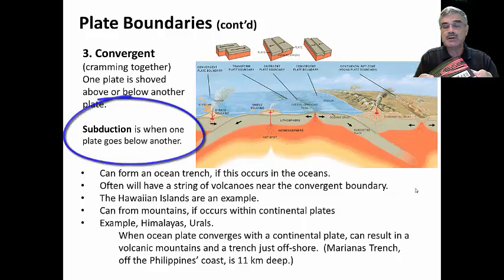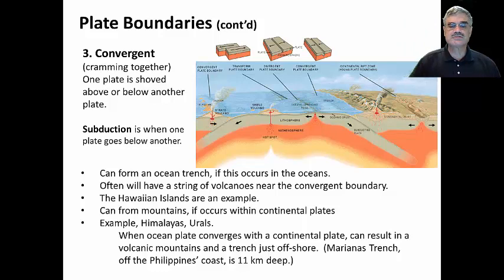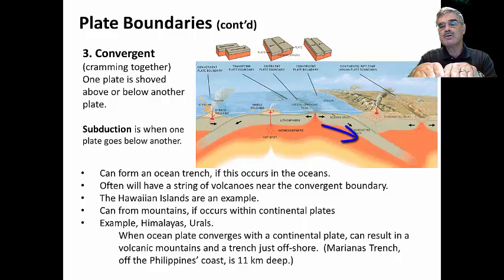Subduction means when one plate goes below the other plate, something like this. And that is shown in our drawing as the upper right type of interaction between plates. Further, it's shown as the lithosphere of one plate going below the lithosphere of the second plate.